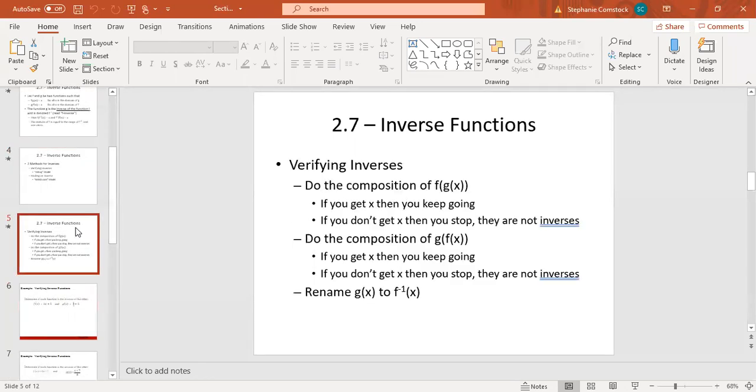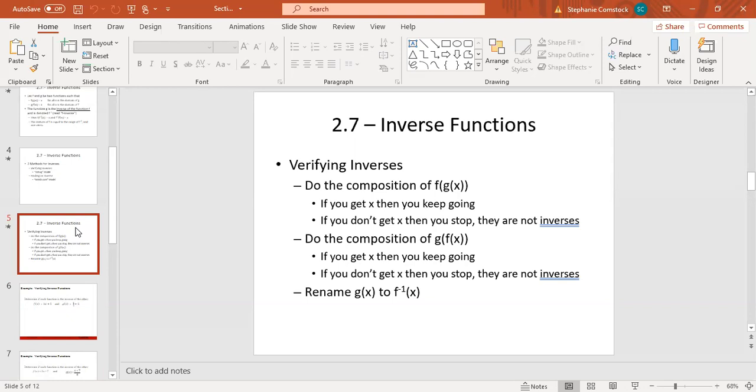Okay, so talking about verifying inverses. The first date, quote unquote, that you're going to get is you're going to do f of g of x. The expectation is that I want to get plain Jane vanilla x. If I get anything else, stop. They're not inverses.